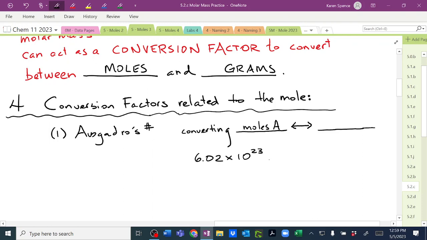What unit goes with that? Particles. And I'm going to call them particles of A. And you can convert between moles of A and particles of A.